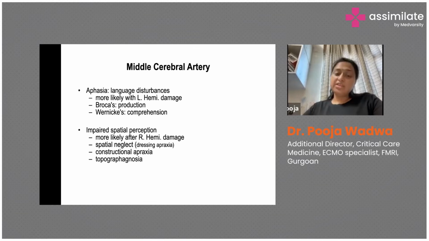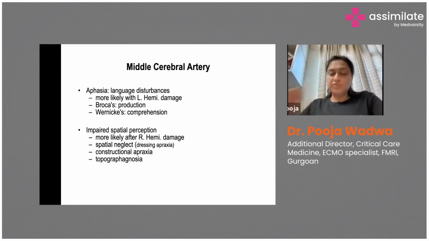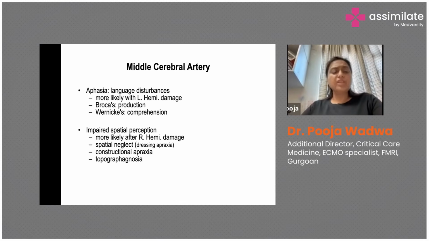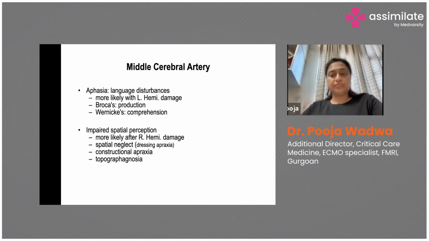If Wernicke's area is involved, then there will be difficulty in comprehension of the language. There will be impaired spatial perception, more in the right hemisphere damage. There will be spatial neglect, constructional apraxia, and topographagnosia. Next.